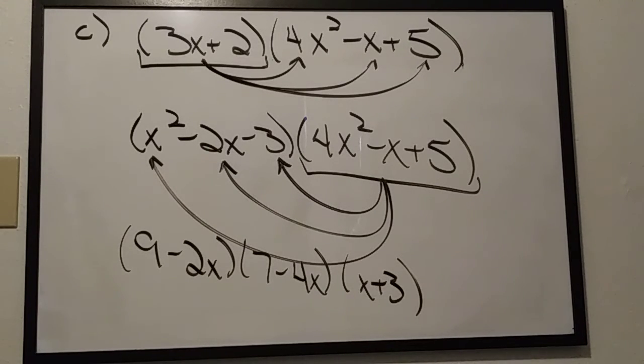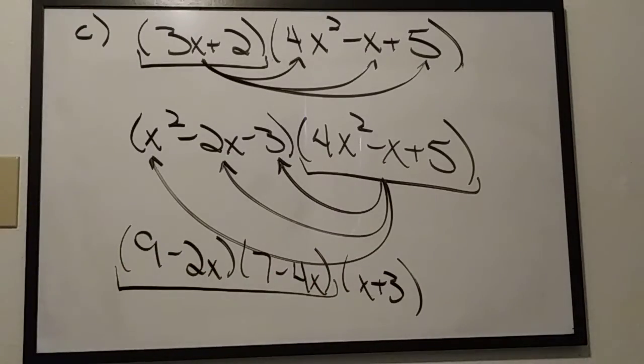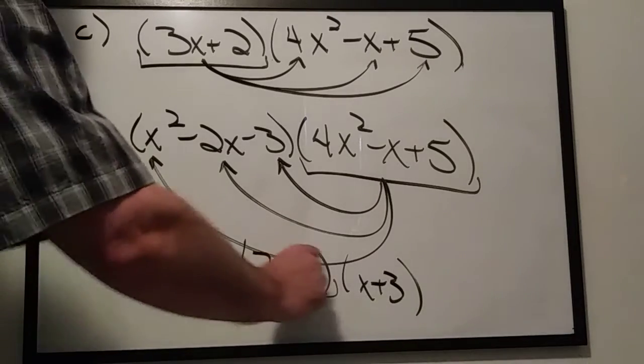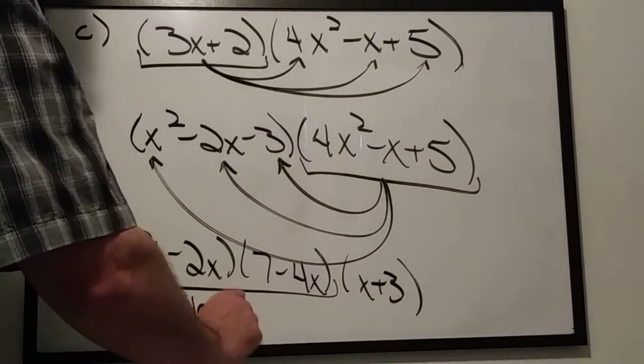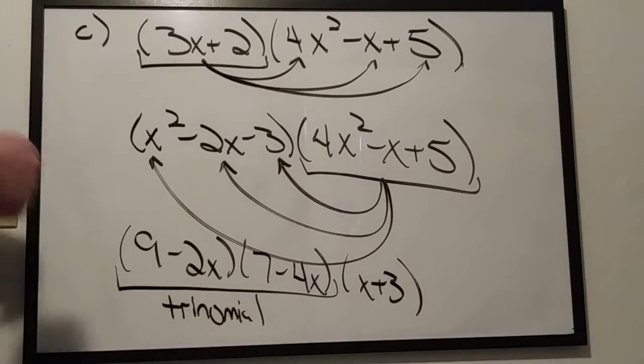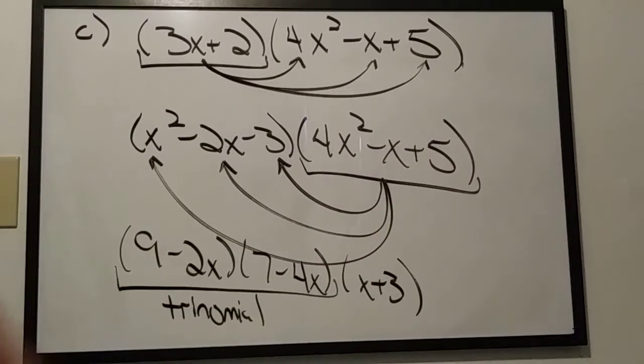So the first thing that I would do on this problem is multiply the 9 minus 2x times the 7 minus 4x. If you multiply a binomial times a binomial, we saw on the previous problem that frequently you end up getting a trinomial. And then, once we had that, we would have a trinomial times a binomial.